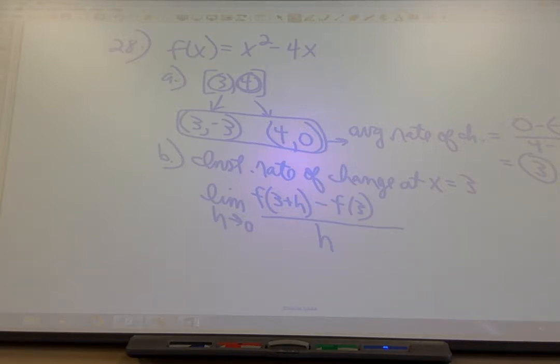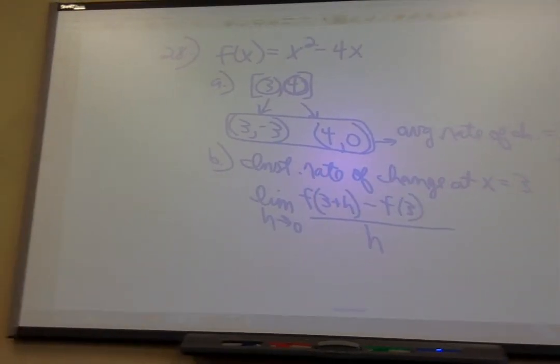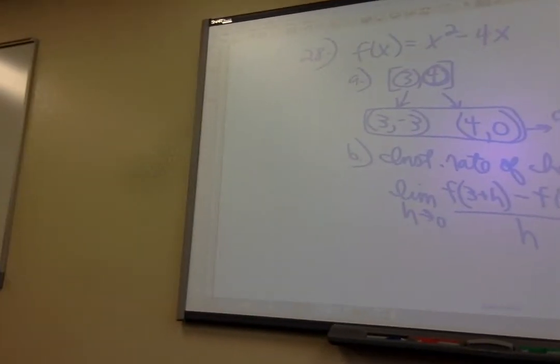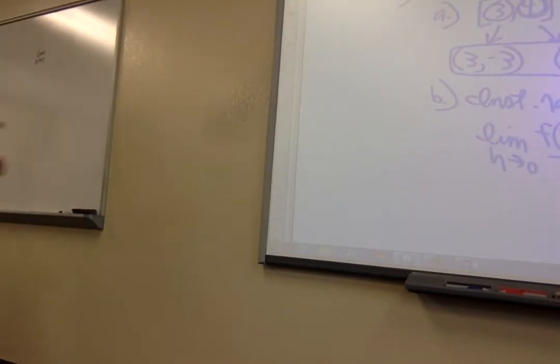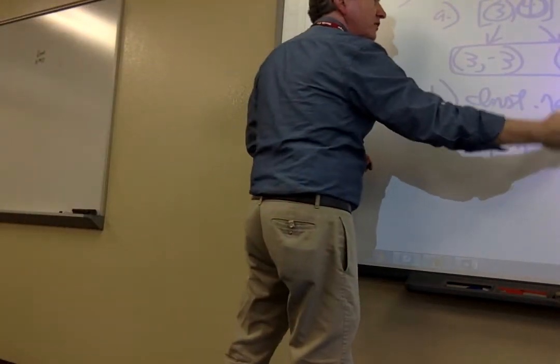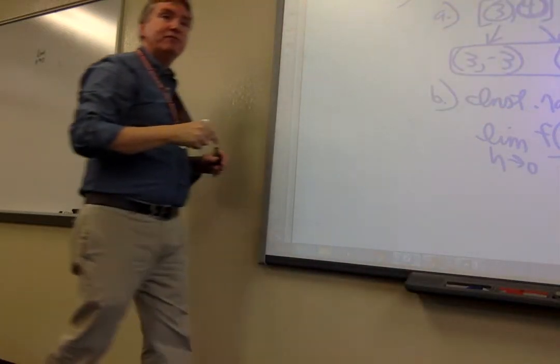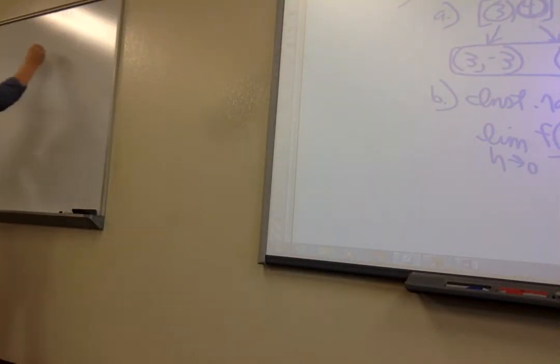If we say limit as h approaches 0, f of 3 plus h means put 3 plus h here and here, doesn't it? That would be 3 plus h squared minus 4 times 3 plus h.